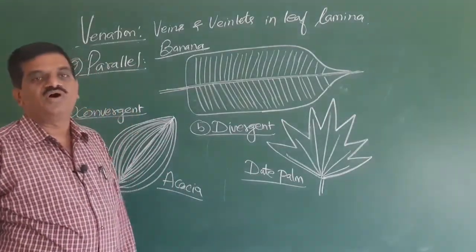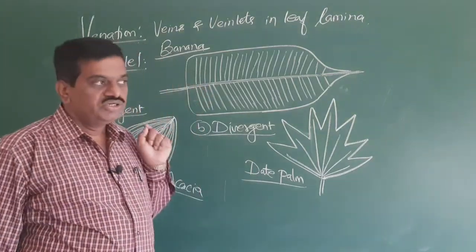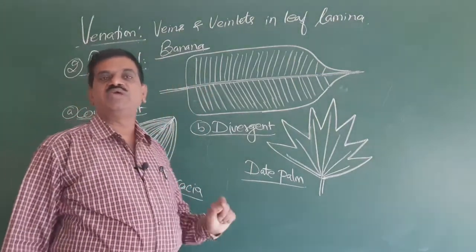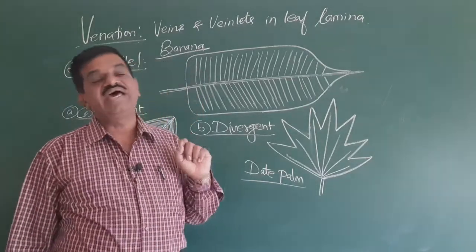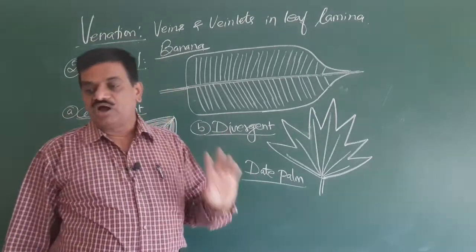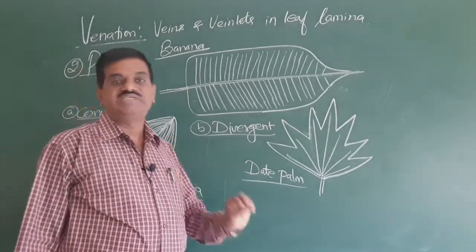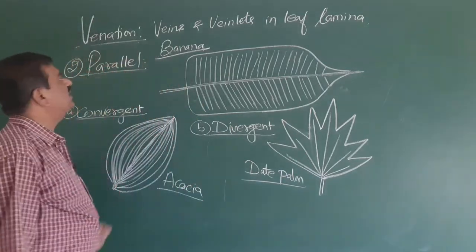So we are going for the next one, called parallel venation. Reticulate venation is in the form of a network and is noticed in dicots. Dicot leaves like mango and neem all have reticulate venation. Now we go for parallel venation.